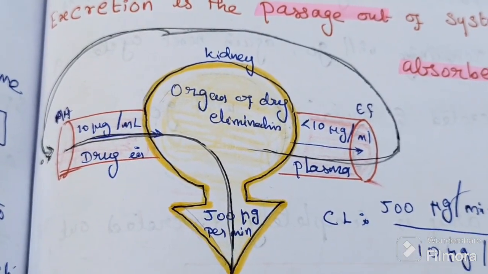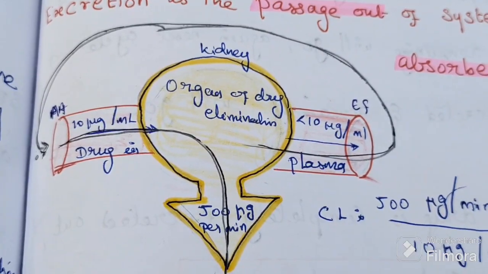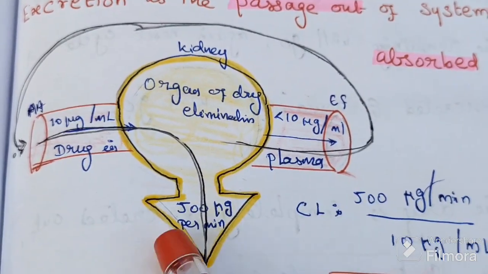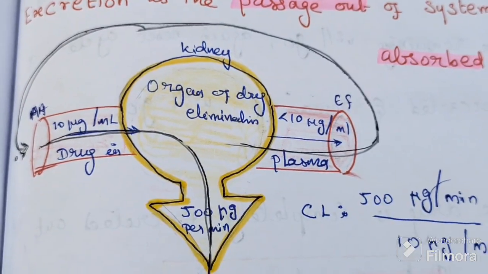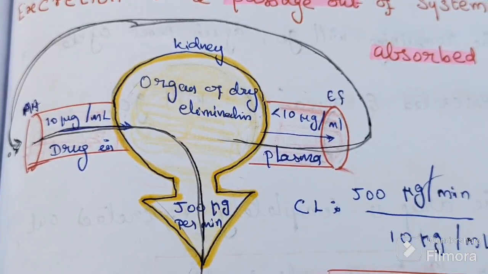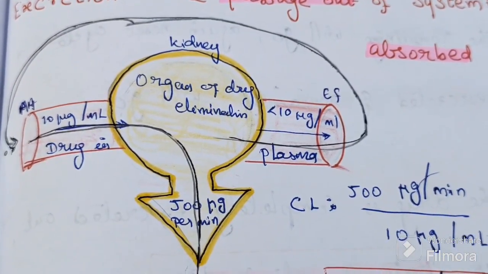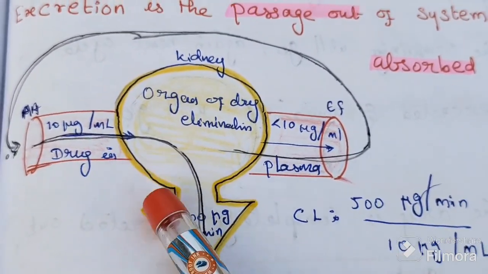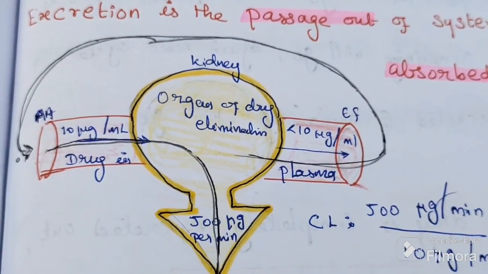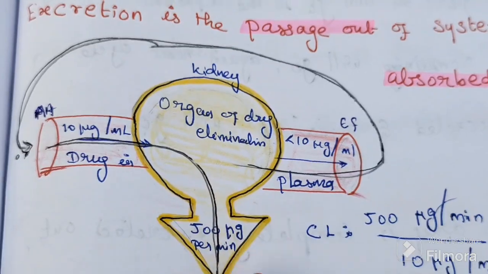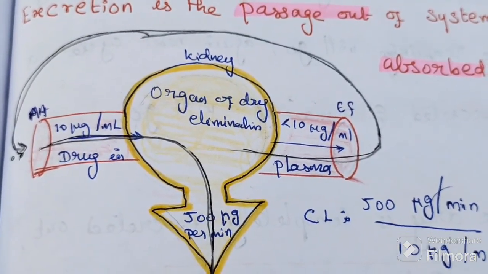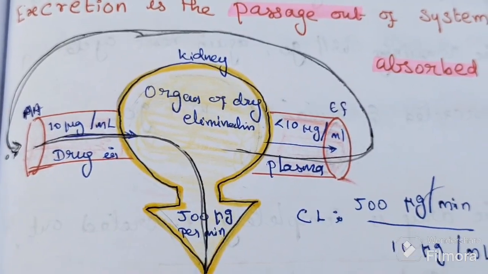Now we want to excrete the drugs. Every time blood goes into that kidney, a fraction of the drug is excreted in the urine, so a little bit of plasma gets cleared of the drug each time.